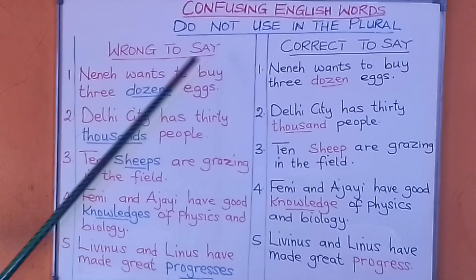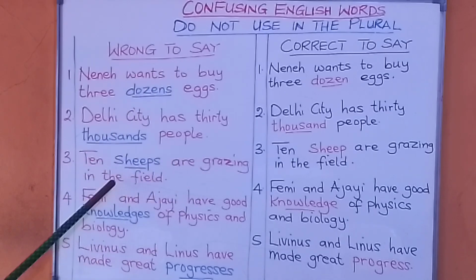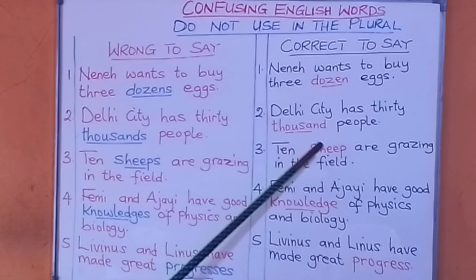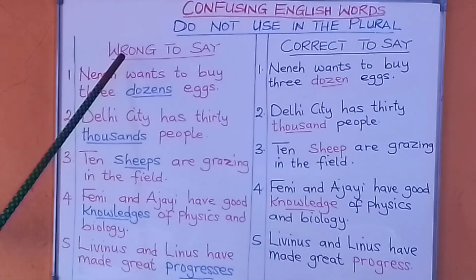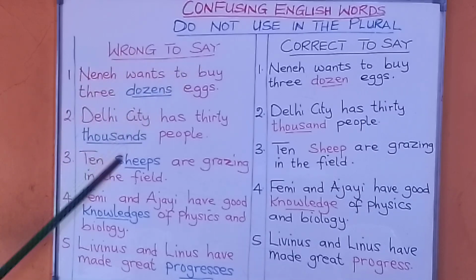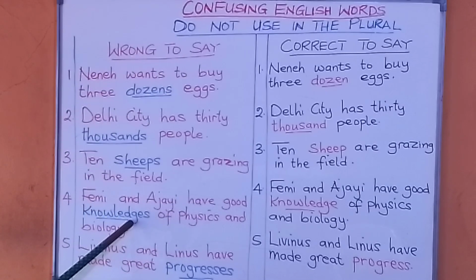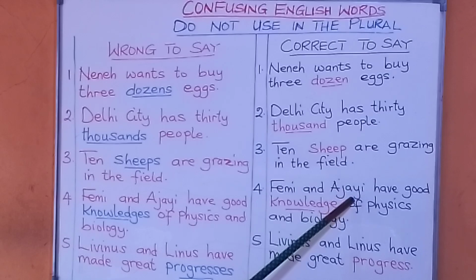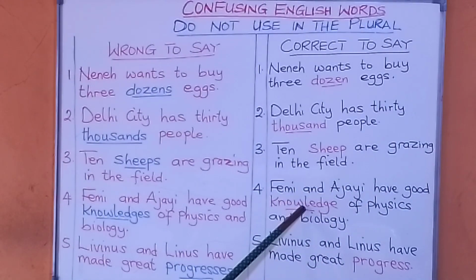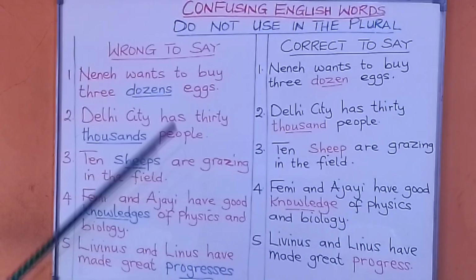Next one, number 3. Wrong to say 10 sheeps are grazing in the field. Say 10 sheep are grazing in the field. Number 4. It is wrong to say Femi and Ajayi have good knowledges of physics and biology. The correct way to say that is Femi and Ajayi have good knowledge of physics and biology.